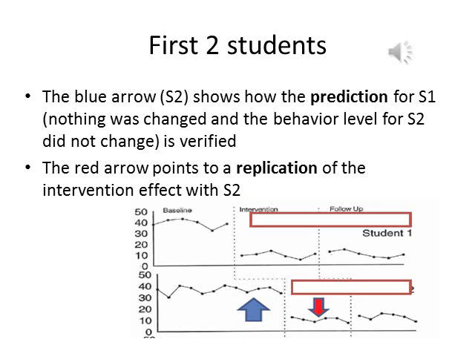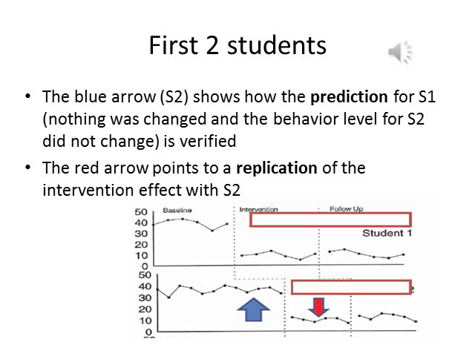And the blue arrow shows the part of subject 2's baseline that occurred after the intervention with subject 1 occurred. So the logic would be that we're going to infer, since nothing changed for subject 2, because intervention wasn't applied to subject 2, that verifies the prediction for subject 1.